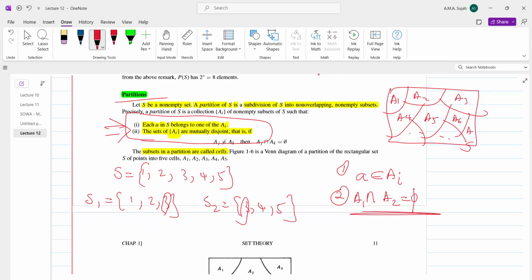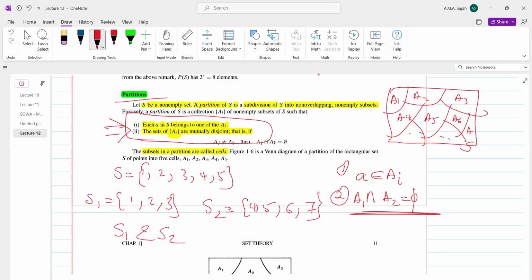Okay, now this is one scenario, right? Now I am writing S2 as 4, 5, 6, 7, and S1 as 1, 2, 3. What do you think now? You have a set S that has two partitions, S1 and S2.